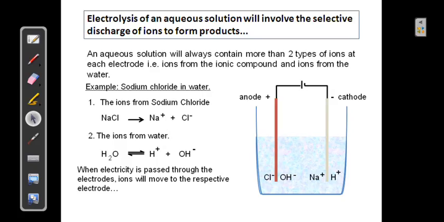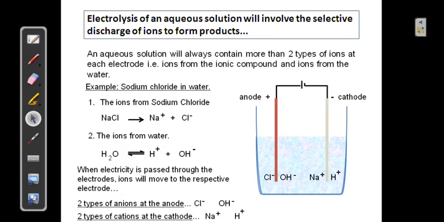Now the issue here is which one of these will get discharged. You have 2 types of anion at the anode, the chloride ions and the hydroxide ions, and you have 2 types of cations at the cathode, the sodium ion and the hydrogen ion. Which one of them will be selectively discharged?